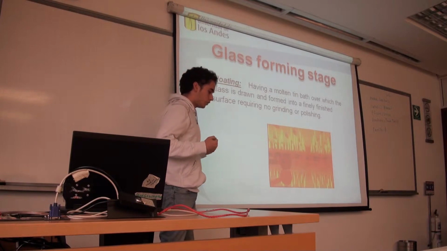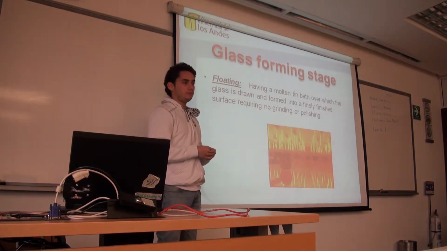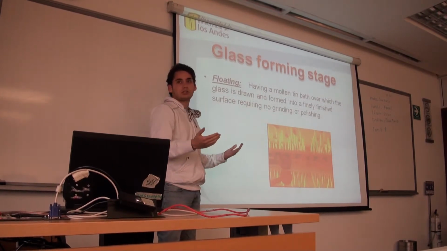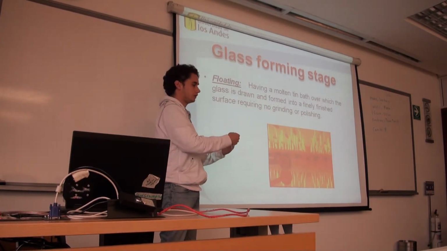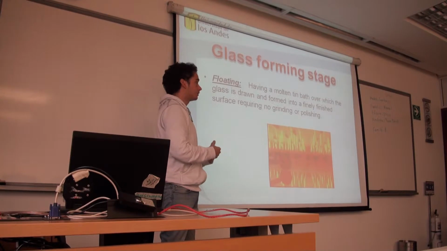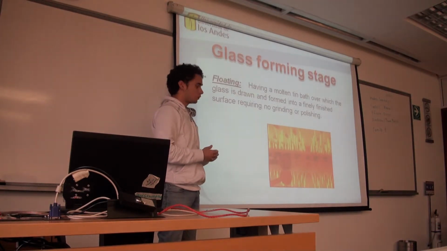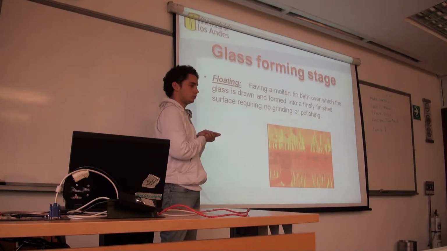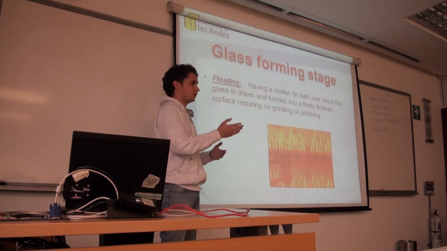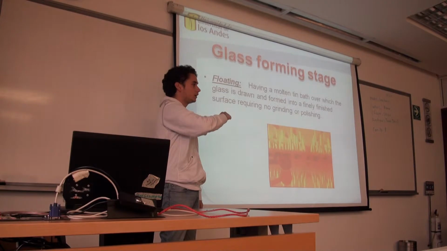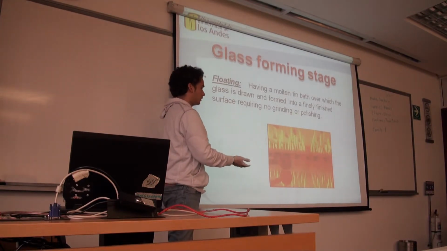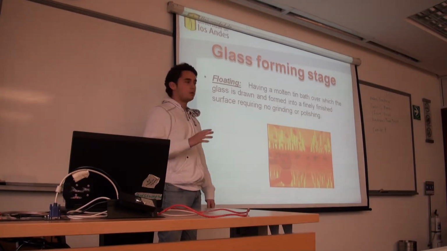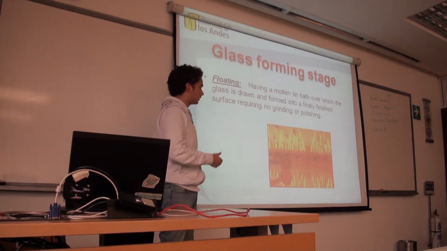And what you do is you draw the glass over it, and it spreads in the shape that you want, in this case the flat glass. That way, you create glass that is virgin, because you are not touching the glass. One side is with air, and the other side is with the melted metal. So you won't need polishing or grinding after it.